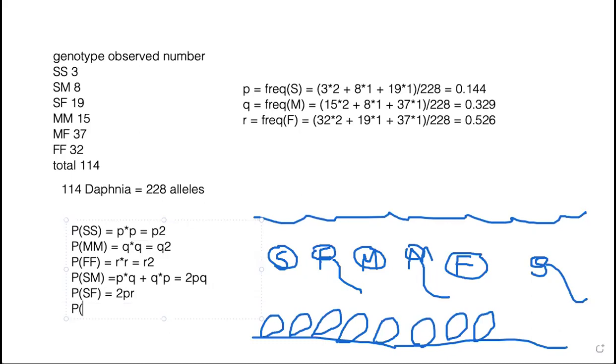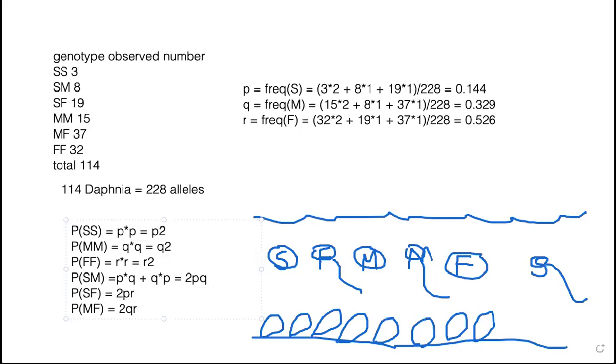And the probability of picking out an MF offspring is equal to 2QR. So in any situation like this, the probability of getting any homozygote is the square of the frequency of that allele.